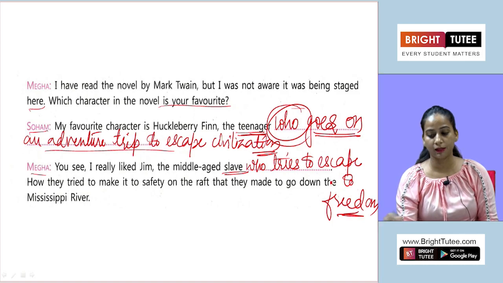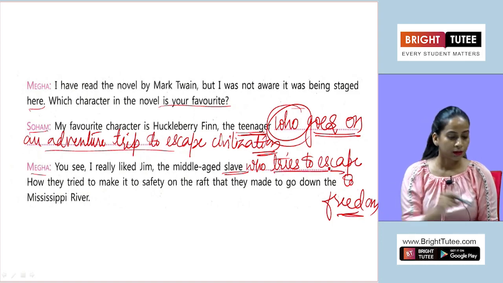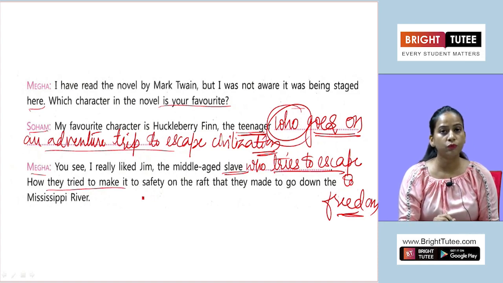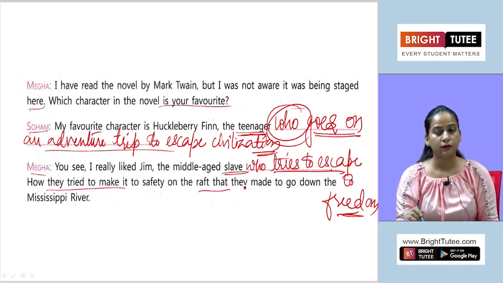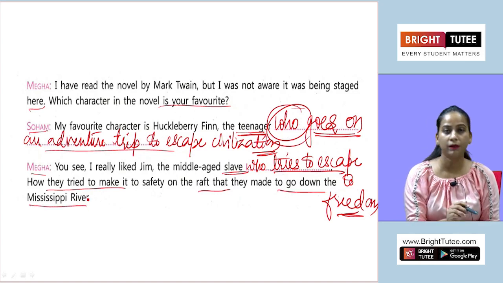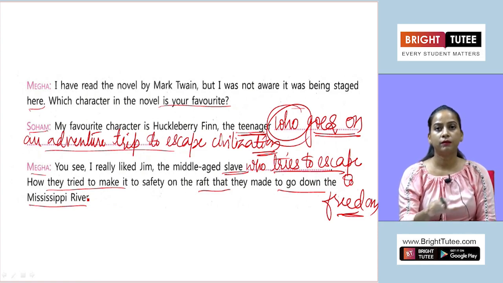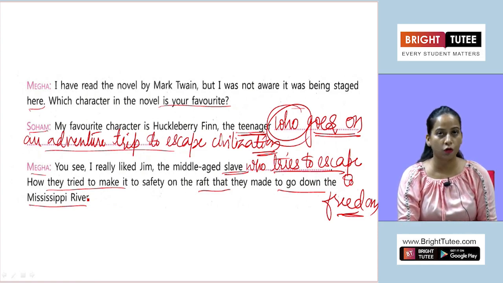That part again I am reminding, we are referring to that dialog box. How they try to make it to safety on the raft that they made to go down the Mississippi River.